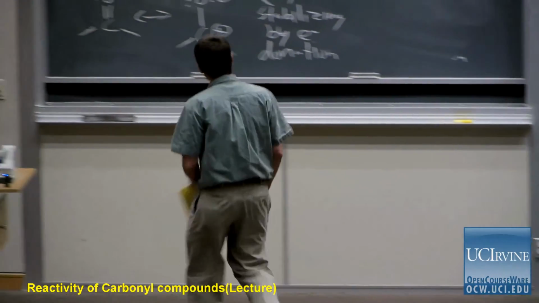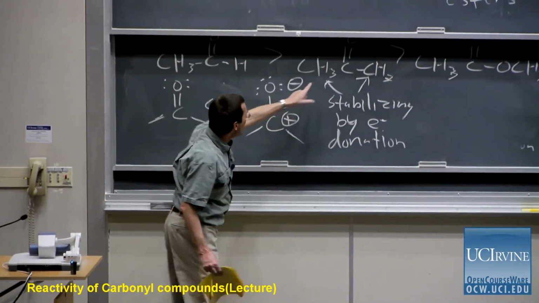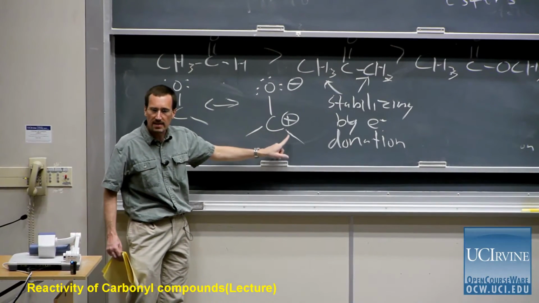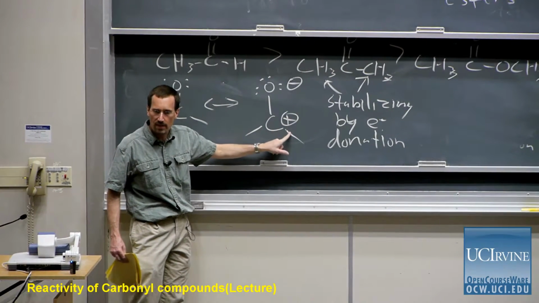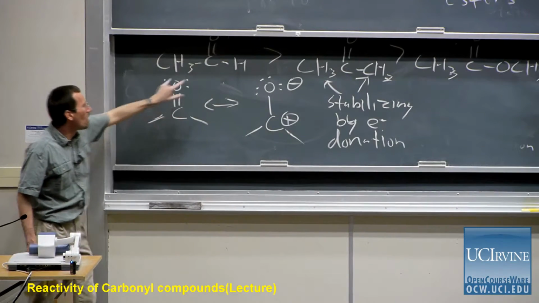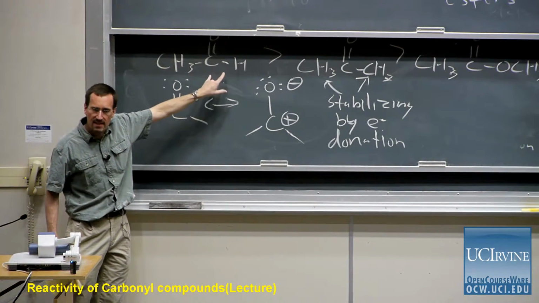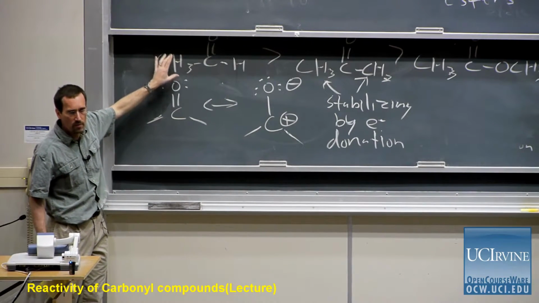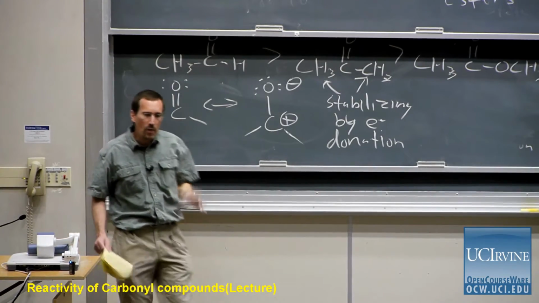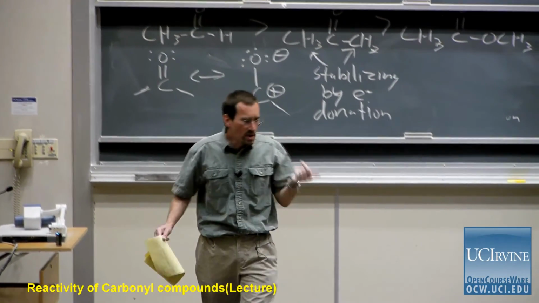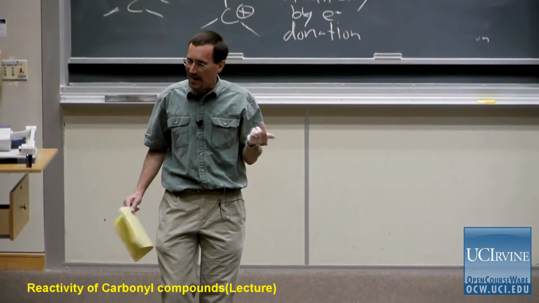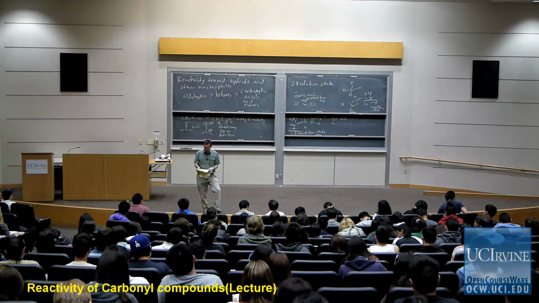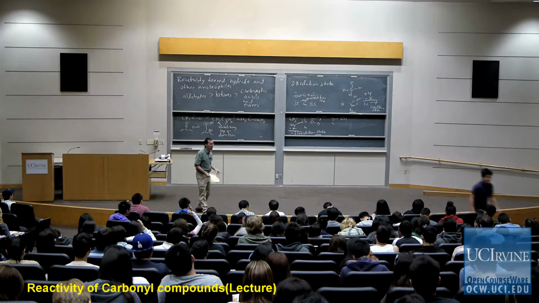And it's the same principle over here. When you have alkyl groups on both sides of the carbonyl, that carbonyl is less electrophilic. It is more stabilized by electron donation. When you have an aldehyde, like acetaldehyde, it's more reactive because you have only one alkyl group stabilizing. And if you have the one aldehyde with no alkyl groups, formaldehyde, it is extremely reactive because there is absolutely no stabilization of the partial positive charge.